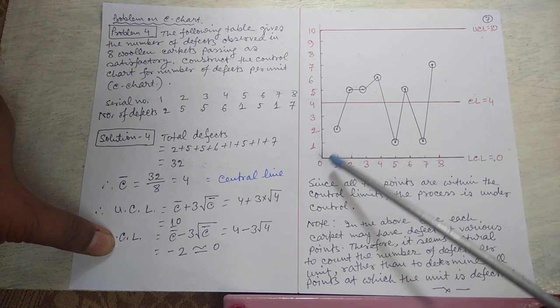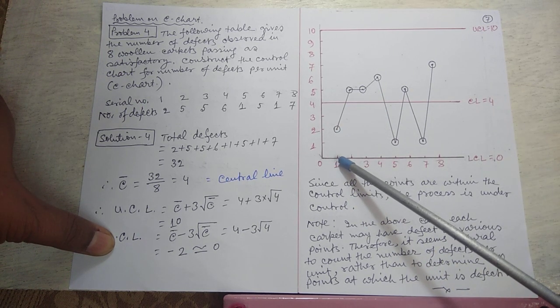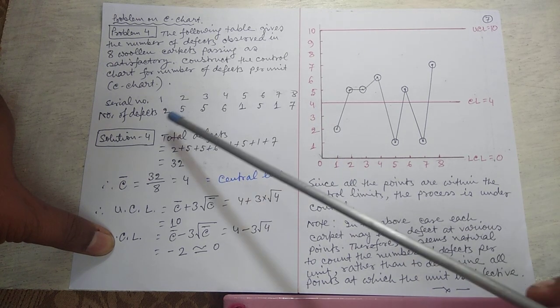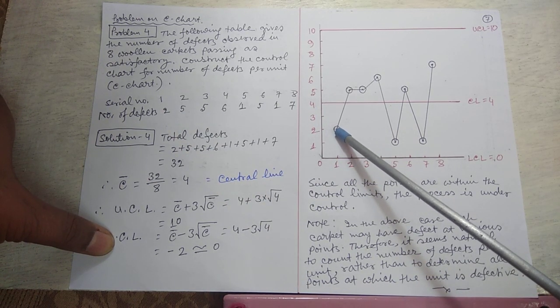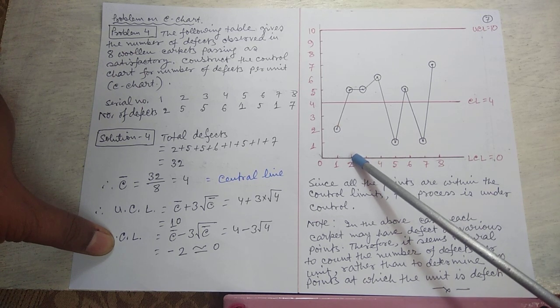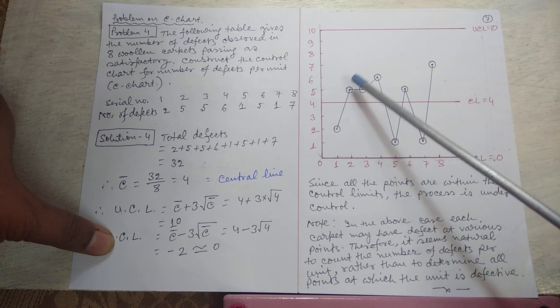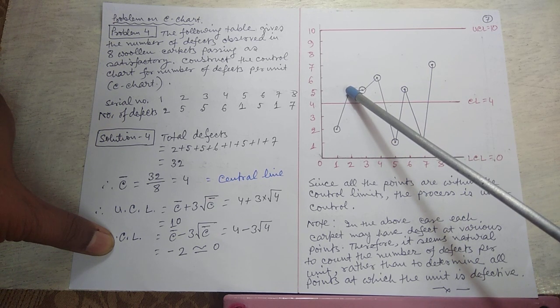Now for carpet number 1, there are 2 defects. So this point will lie here. And for carpet number 2, there are 5 defects. So this is the second point for carpet number 2.